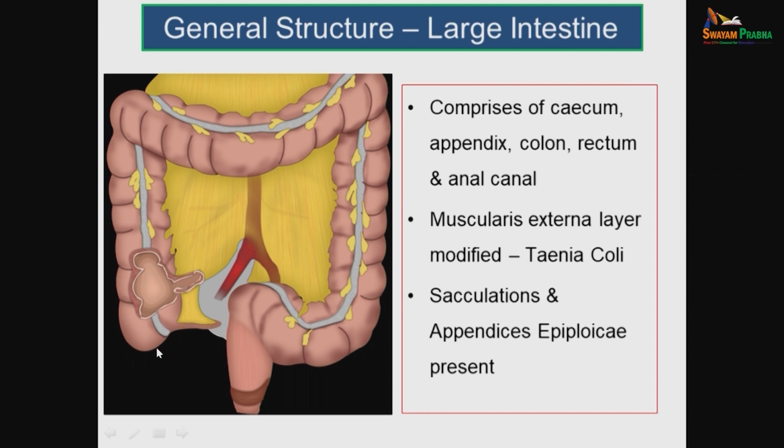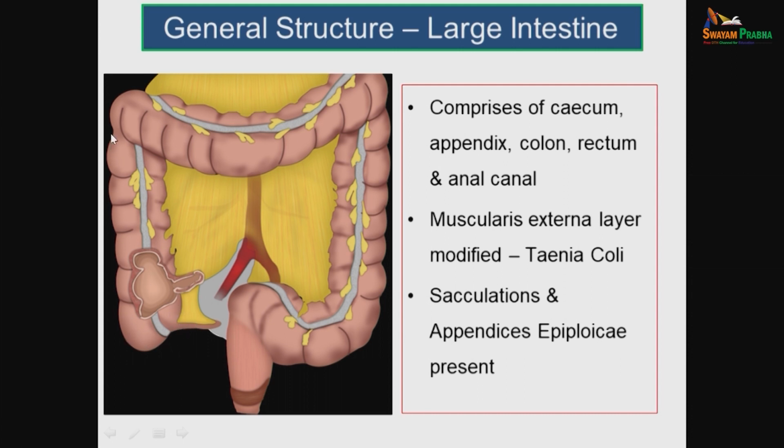Here is the dilated part of the large intestine, which is the beginning, the cecum. From the cecum, you see a small projection here. This projection is the appendix. Appendix is an addition, an additional structure projecting from the cecum.